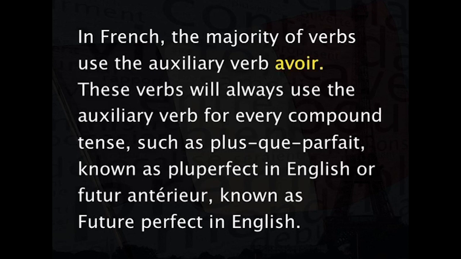These verbs will always use the auxiliary verb for every compound tense, such as plus que parfait, known as pluperfect in English, or futur antérieur, known as future perfect in English. Additional information on the compound tense is provided in the notes.